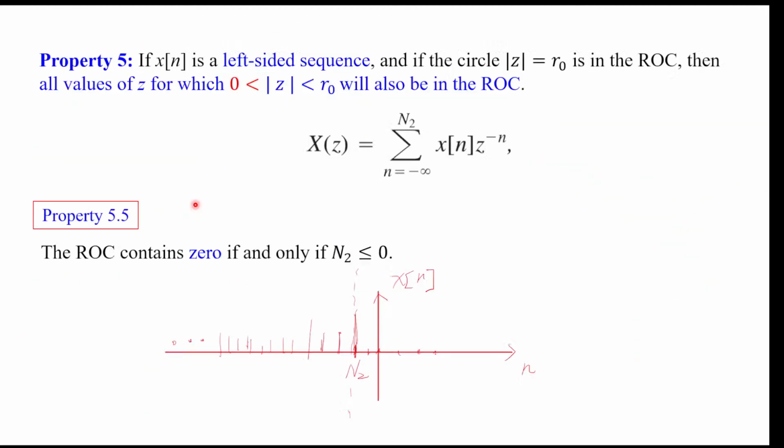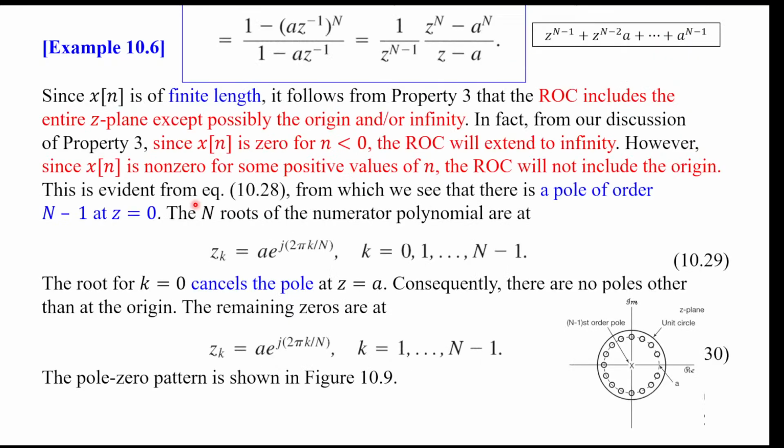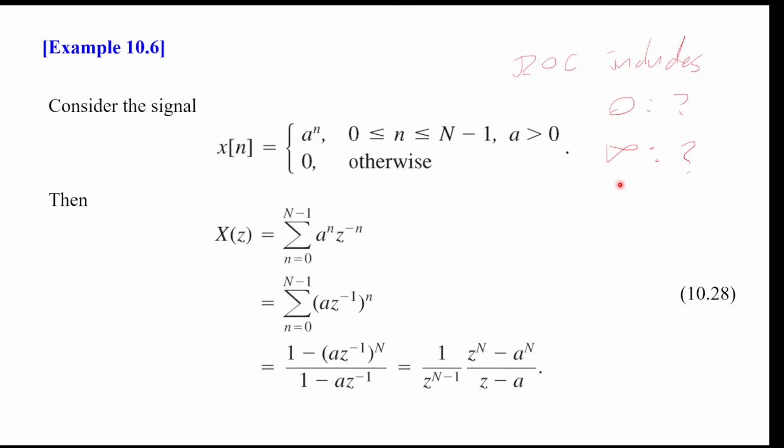Okay, so let's go back to our problem. We know the ROC should include infinity but not 0. But now we try to do this in a bit of a dumber way. We calculate X of z and see where it converges, and you will see that this makes things very messy.